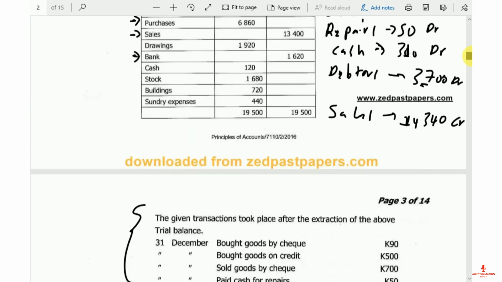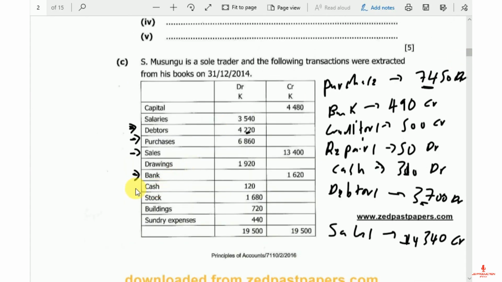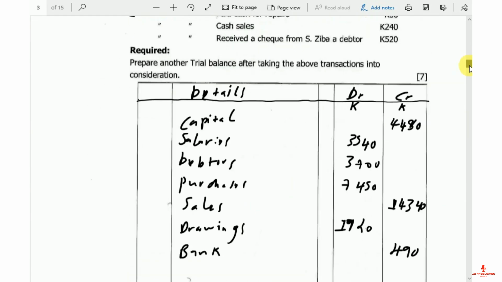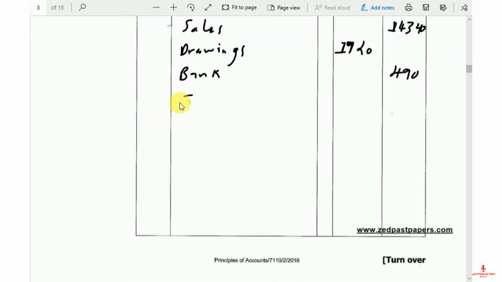Then we have cash. Cash was also affected on 31st December, and that means we need to get the updated amount, which is 310, and that at the debit balance. So cash 310.